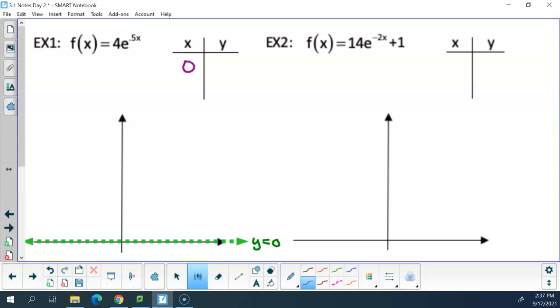0.5 times 0? 0. E to the 0. 1 times 4. 4. So this one's just 0, comma, 4.